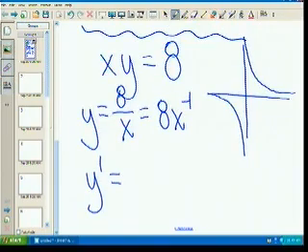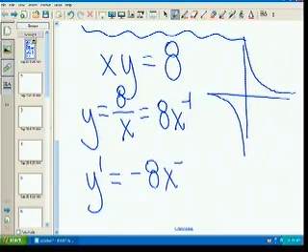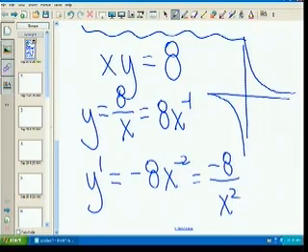So since we have y in terms of x, what is the derivative of 8x to the negative first? Negative 8 over x squared. Good. Negative 8 x to the negative second, which is negative 8 over x squared. Now, does that make sense as a derivative if the graph is shaped like this?